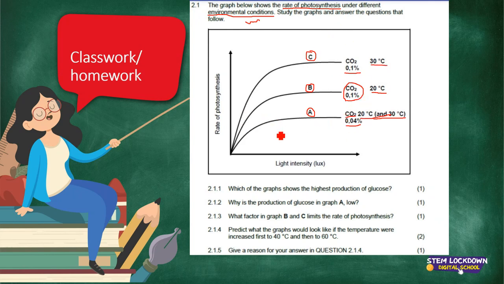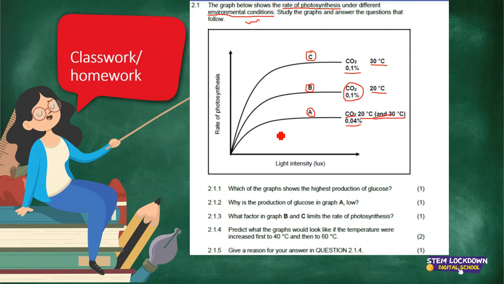Okay, cool. So question 2.1.1 reads as follows. Which of the graphs shows the highest production of glucose? Remember, the higher the rate of photosynthesis, the higher the production of glucose and oxygen, because our products of photosynthesis are glucose and oxygen.